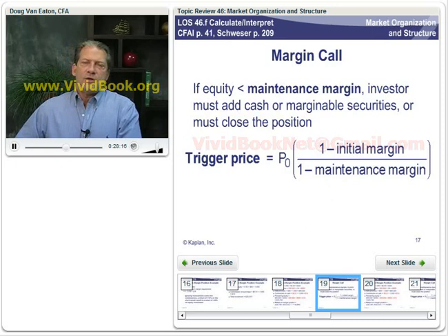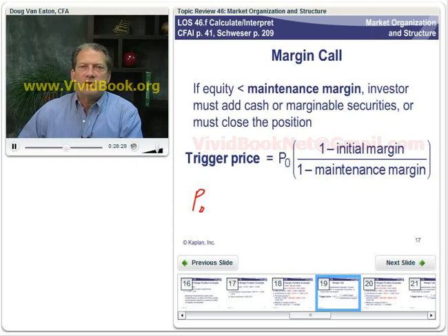Now, another thing to do if you can't remember this formula here, I'll tell you where it really comes from, okay? We're going to buy a stock, and we're going to buy that stock at P0. So let's say we buy a stock at $100. Well, our loan at 50% margin is going to be $50.